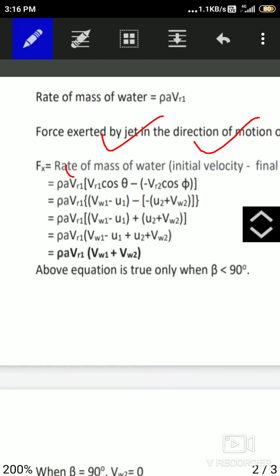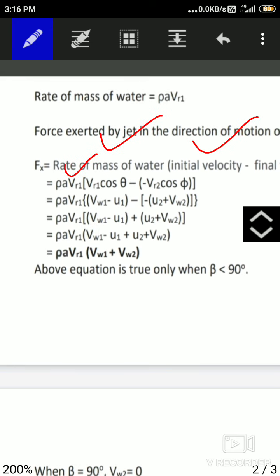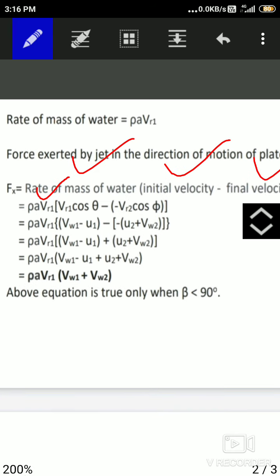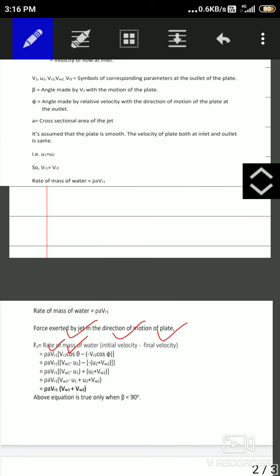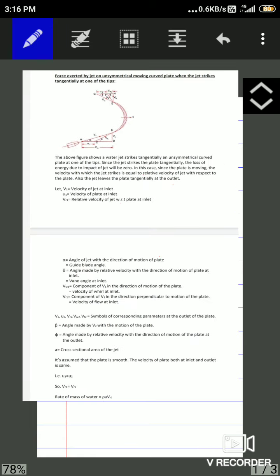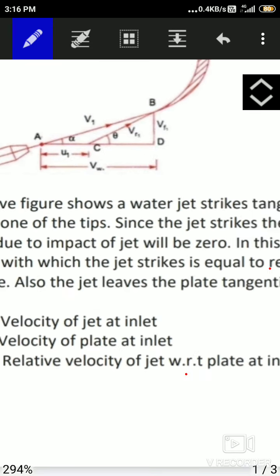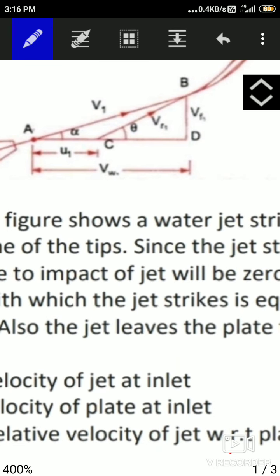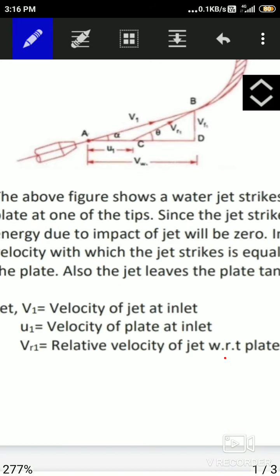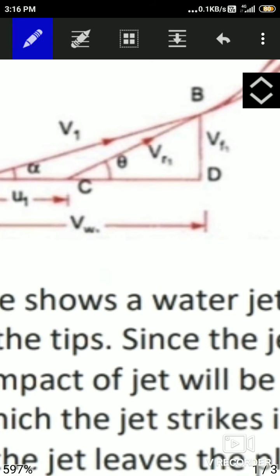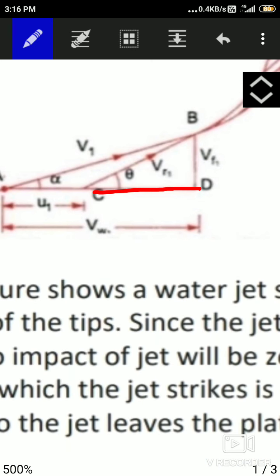Rate of mass is rho A VR1, and initial velocity is VR1 cos theta. Why VR1 cos theta? Because we need the horizontal component of VR1. So that is VR1 cos theta.